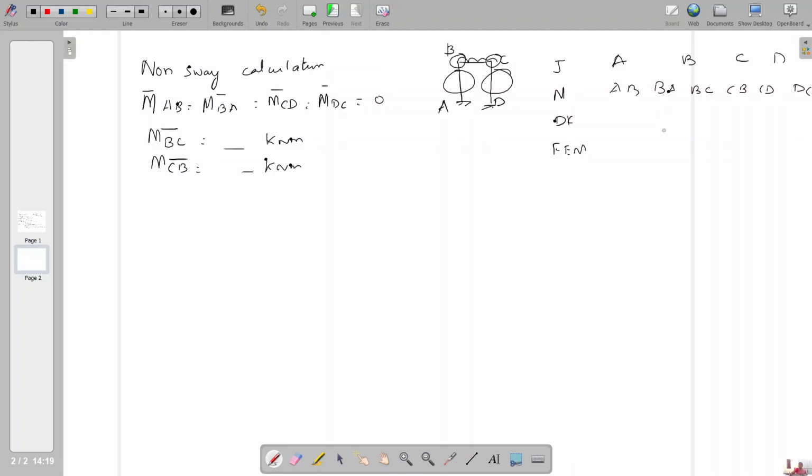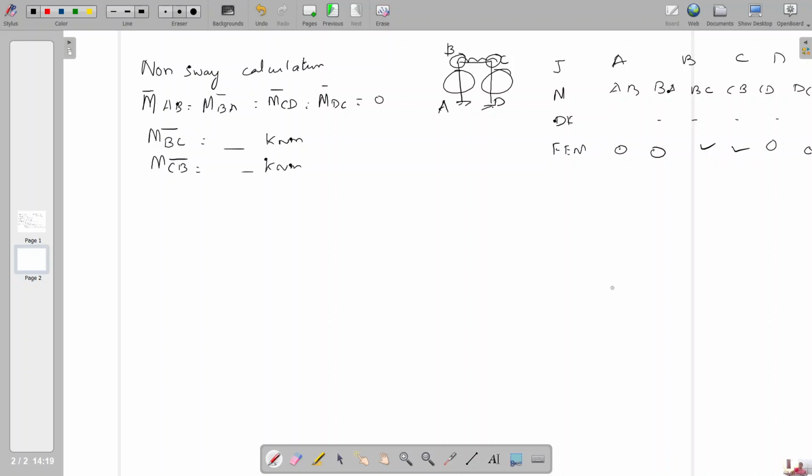Here it is AB, and you will substitute the distribution factor and you will have the fixed end moment. Here AB 0, BA 0, CD and DC 0, and you will have some value for BC and CB.